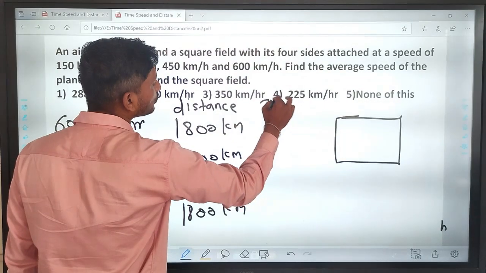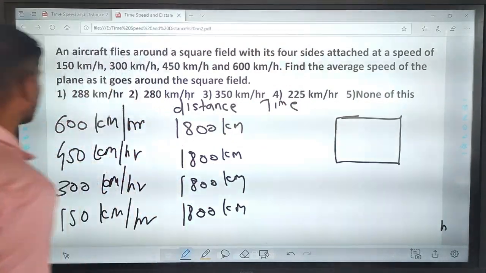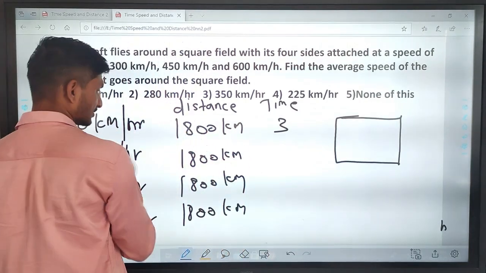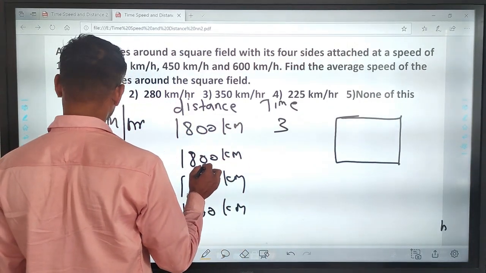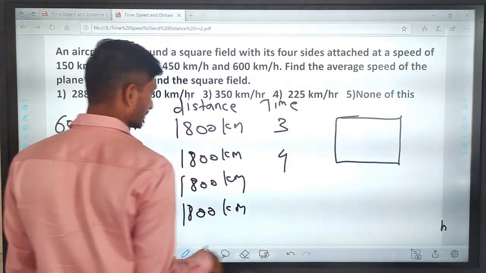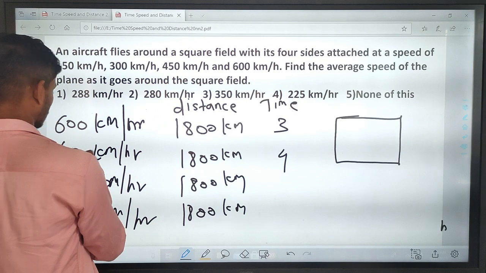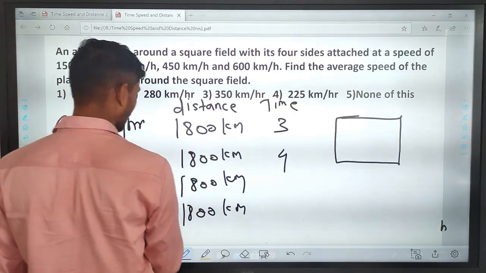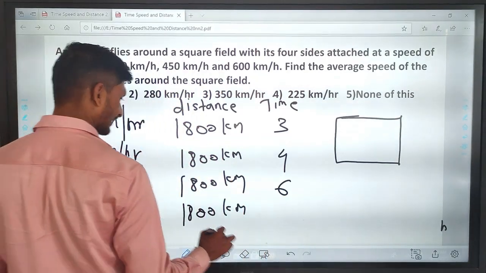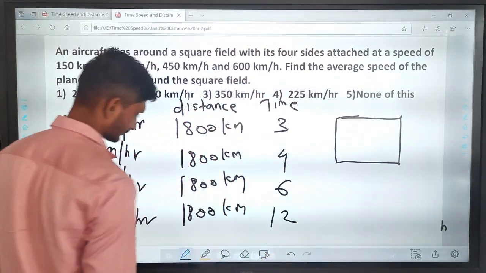Now the time required to cover this distance is 3 hours, 4 hours, 6 hours, and 12 hours.